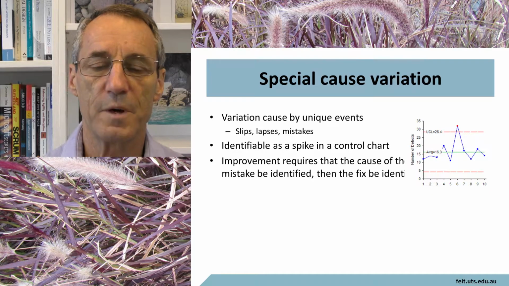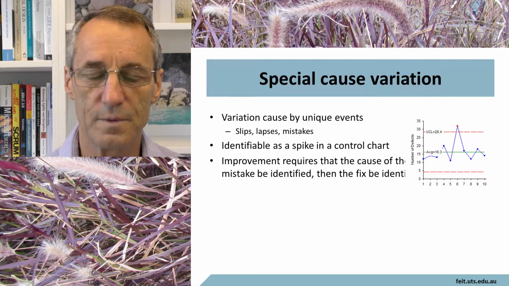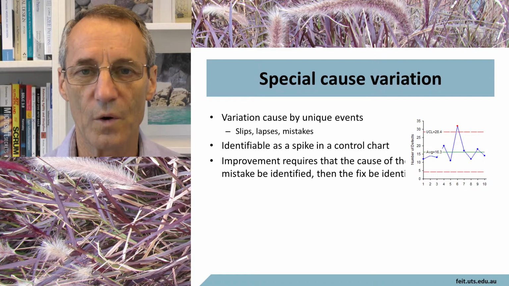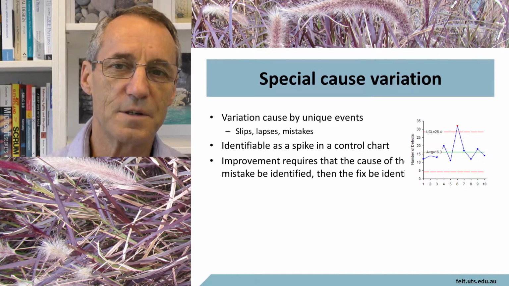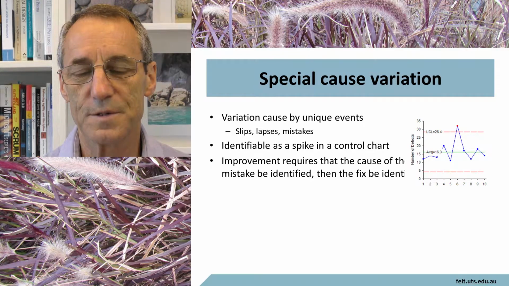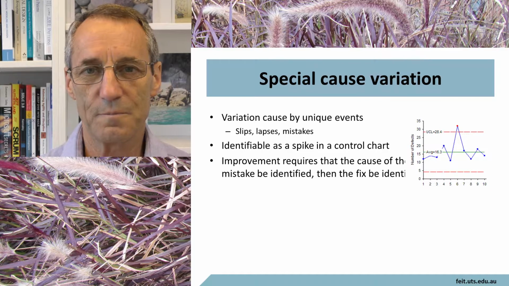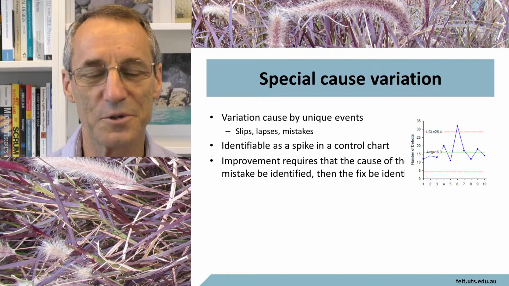Slips, maybe the input to the process was not up to good quality. Well, you might have to fix that. Or somebody didn't quite know how to do something. These things can cause variation, and these are one-off things, but there's enough of them and they happen frequently enough, so you better get those under control.